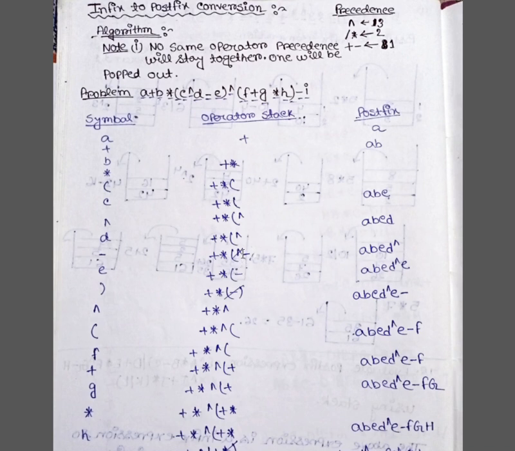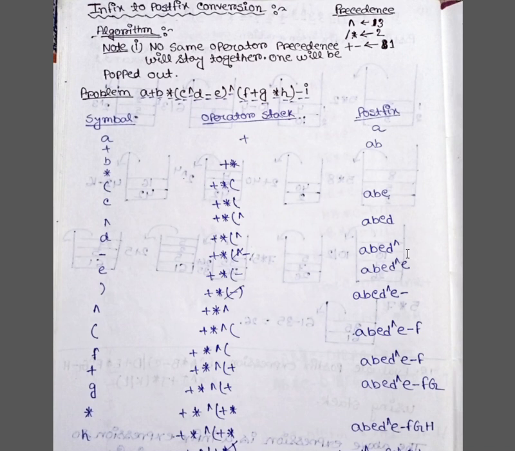So this to the power sign should be here after this minus. But since the minus comes after this to the power sign, this to the power sign will be popped out from this operator stack and will go to this postfix expression column.